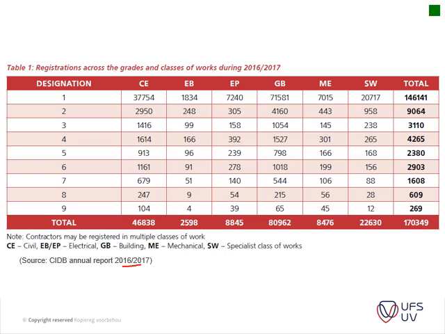So if you're a registered CIDB graded contractor, this is more or less the categories. You will see category 1, these are businesses that have a smaller turnover for their financials, and then up to a designation 9 where contractors have large turnover, which will be able to do projects over 200 million and carry that capital.